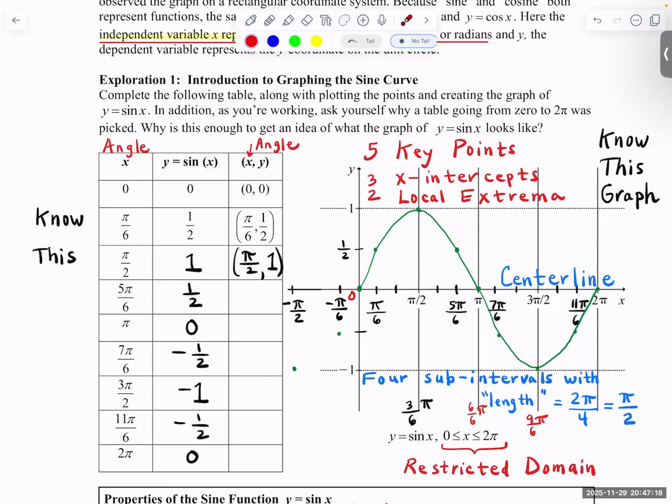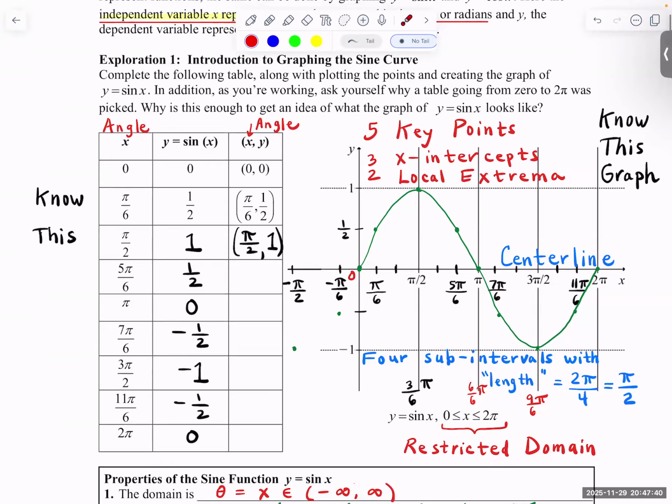Now, beyond pi, the function values are still decreasing, heading toward -1. The angles are 7 pi over 6, -1/2; 3 pi over 2, the sine function value is -1; 11 pi over 6, the function value is -1/2; and finally, at the end of one cycle, at 2 pi radians, the sine function value is 0.